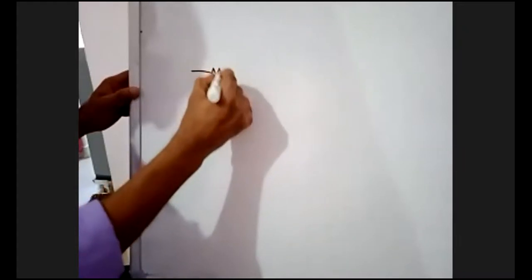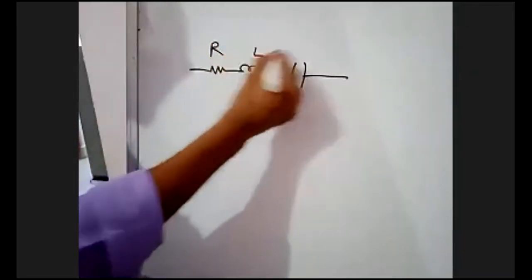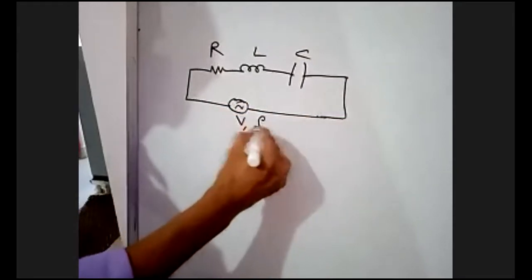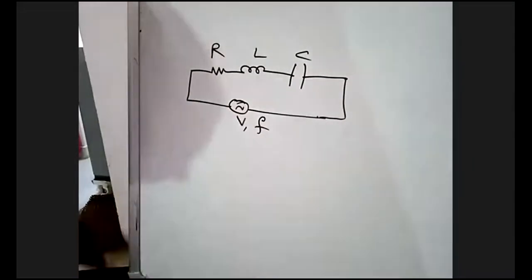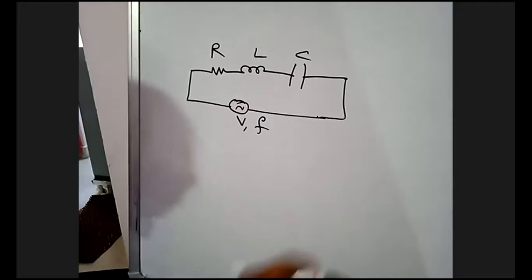Okay, listen here. First, draw the RLC circuit. This is R, L, and C, with source V and F. This is the RLC circuit.